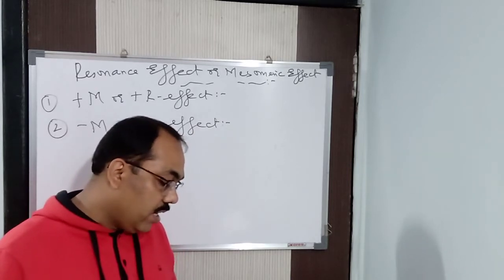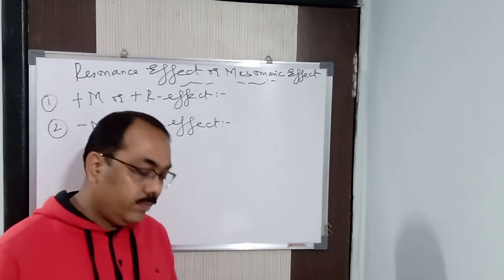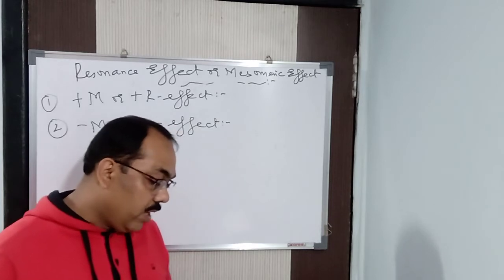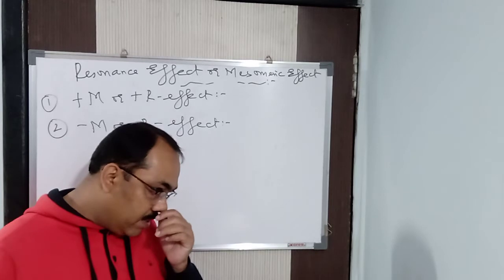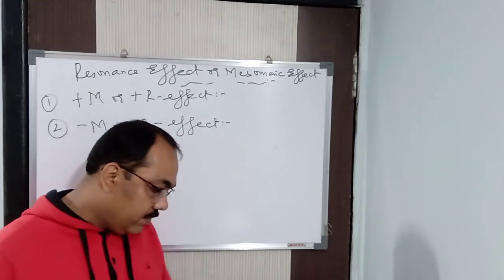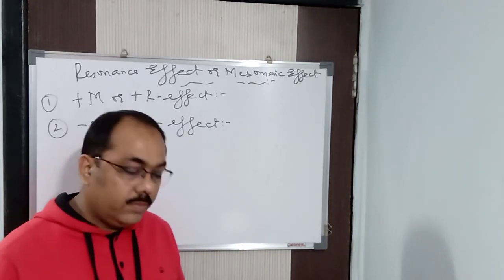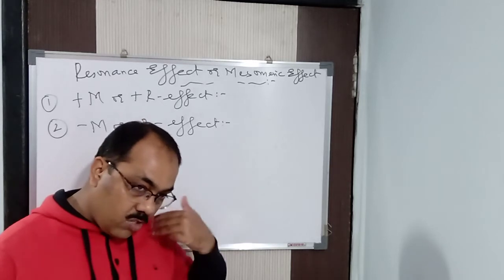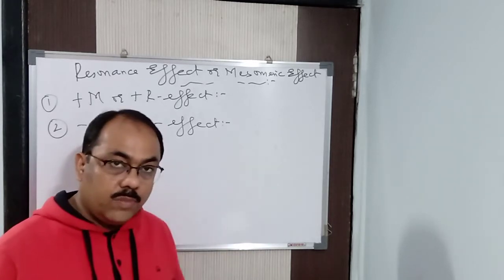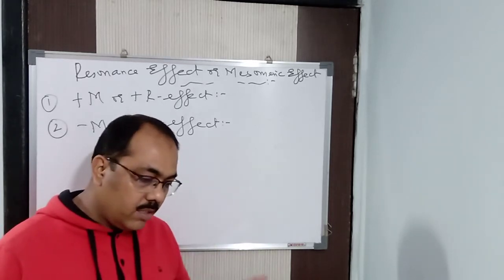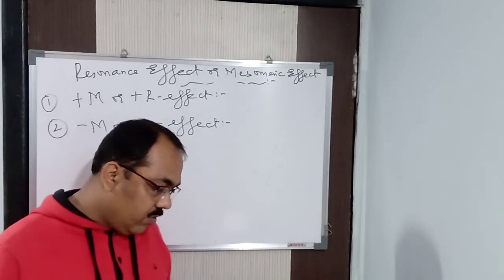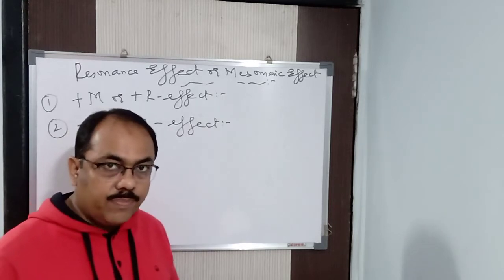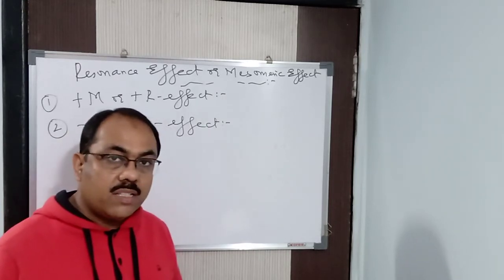Groups which donate electrons to the double bond or to a conjugated or aromatic system are said to have plus R or plus M effect. Remember that, the group which donates electrons to the double bond or to a conjugated aromatic system is said to have plus R or plus M effect.